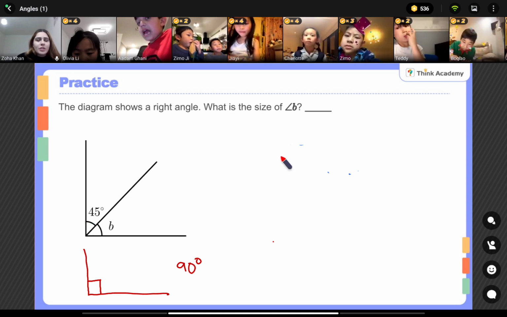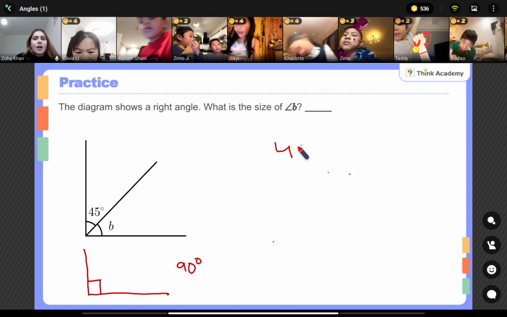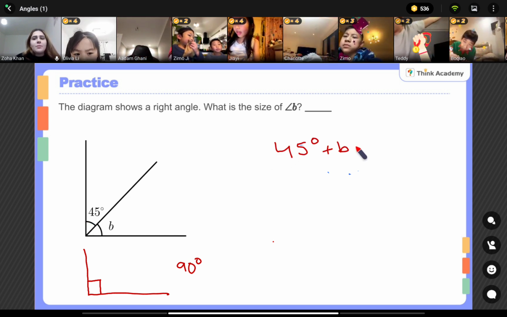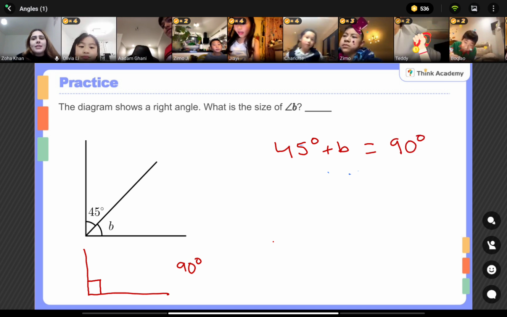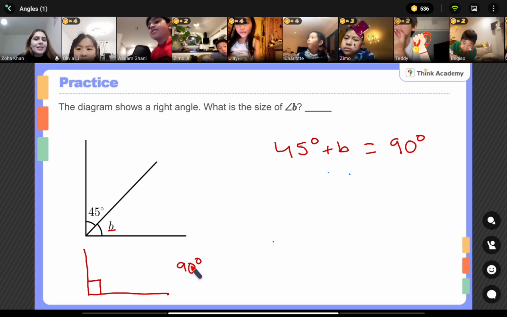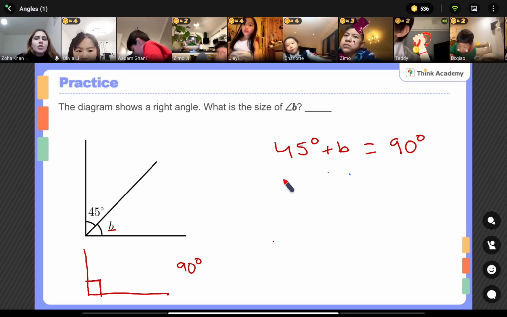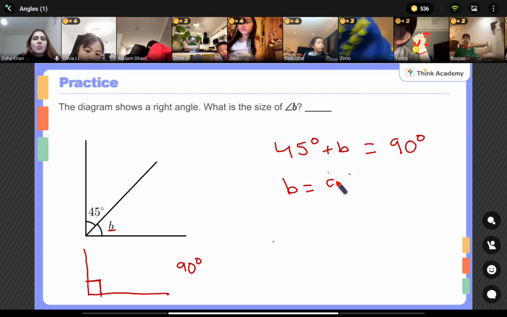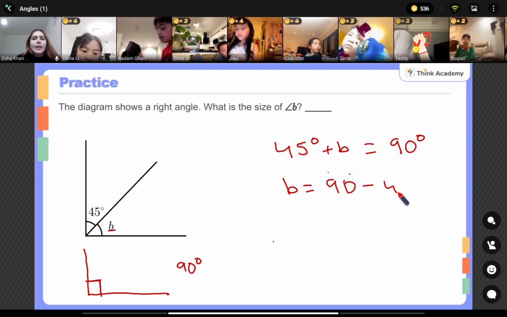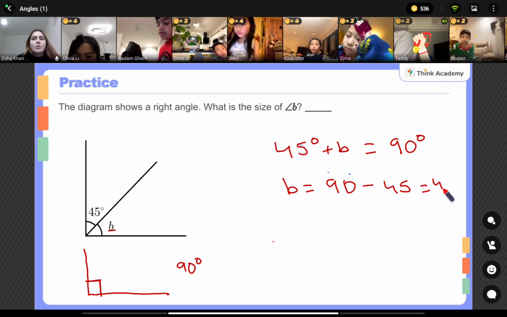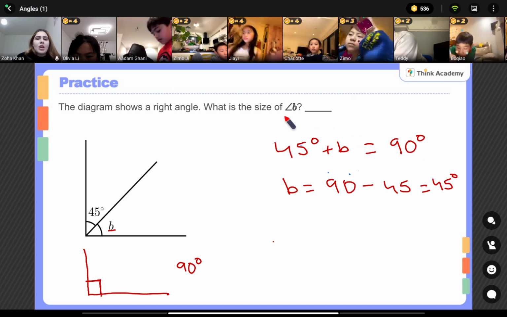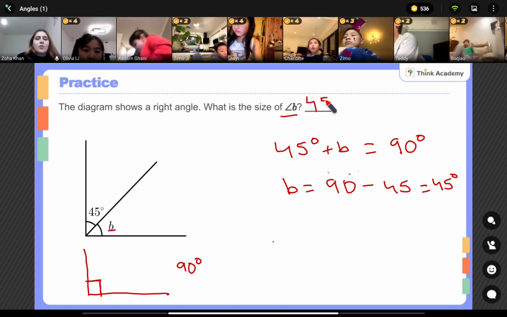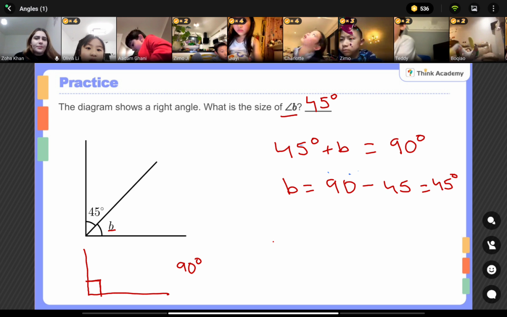So we know that 45 degrees plus B has to equal 90 degrees, because we have a right angle there, okay? So B is just going to be equal to 90 degrees minus 45, which is equal to 45 degrees, okay? So the size of angle B is just 45 degrees. That's the answer, all right?